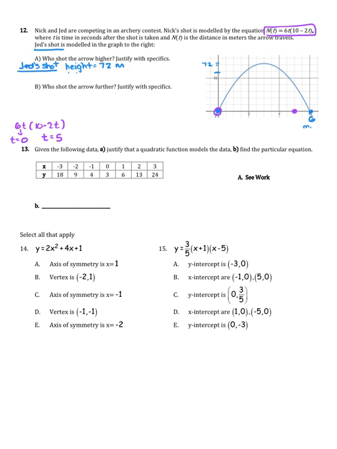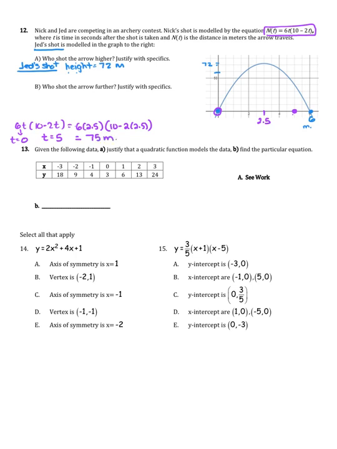But we want to know, what is his height? Well, we know that if his intercepts are at 0 and 5, the vertex will happen at 2.5. So we need to plug in 6 times 2.5 times 10 minus 2 times 2.5 to find his, and of course you're using a calculator on these. So when we calculate that out, you're going to get 75 meters.